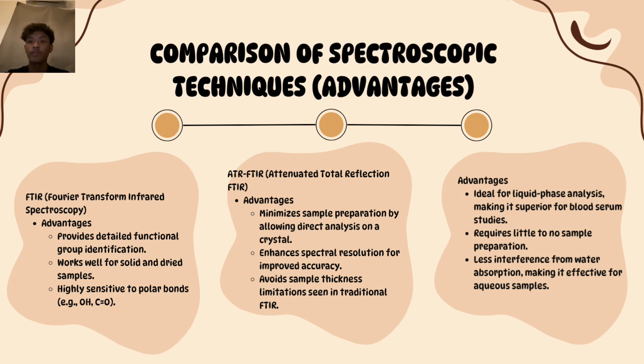It also avoids sample thickness limitations and improves spectral resolution. And for the third one, Raman spectroscopy is ideal for liquid phase analysis, requires little to no preparation, and is less affected by water absorption, which makes it highly effective for analyzing blood serum.